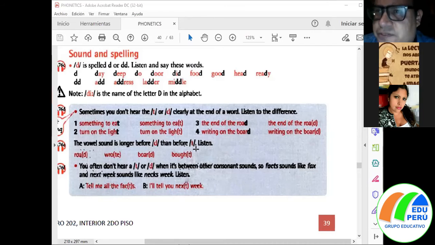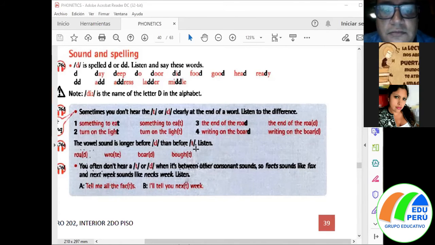It's not strong. The second, slowly first: turn on the light. This is slow. Connected: turn on the light. Notice that ta is very, very soft. It's not strong.